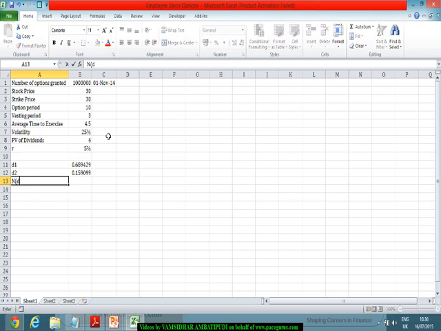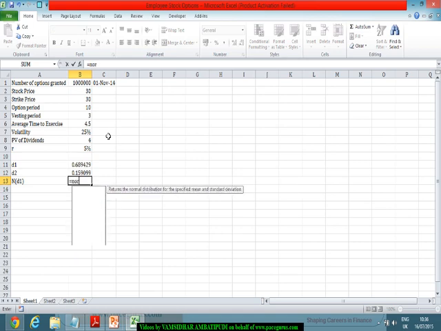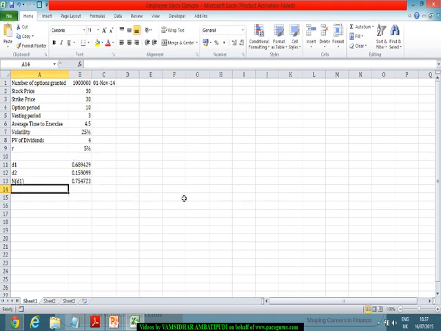Now again I can find the area under the normal distribution curve, which is ND1. So I'll take NORM.S.DIST with respect to D1, and similarly I can do ND2, which goes with D2. Then I can find the price of the call option.